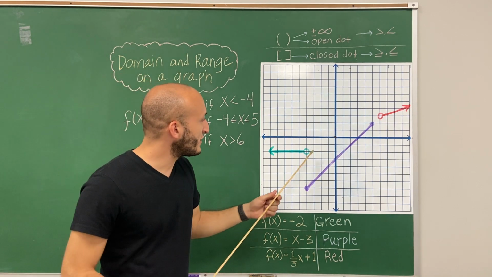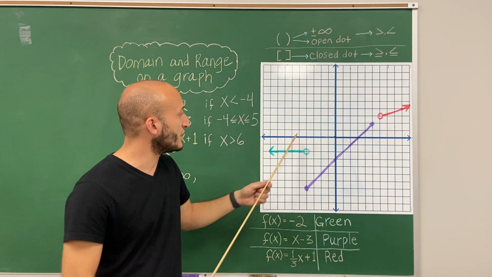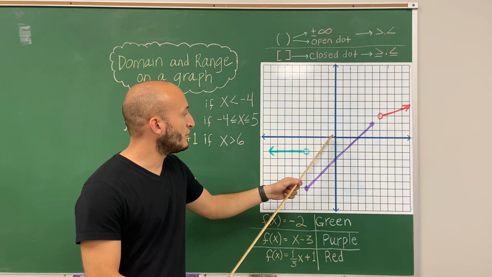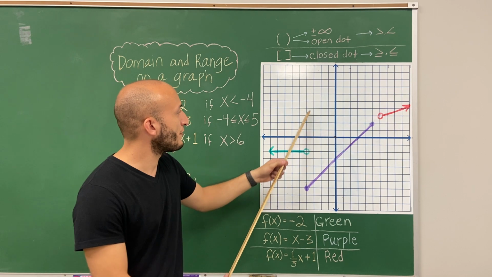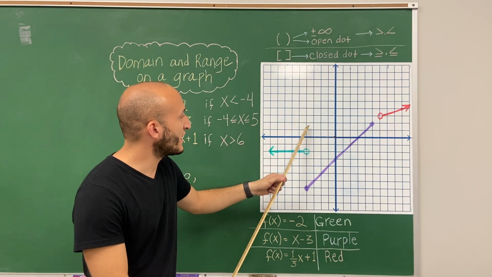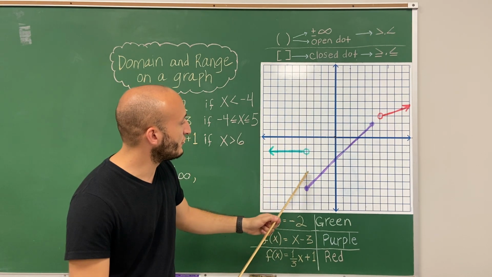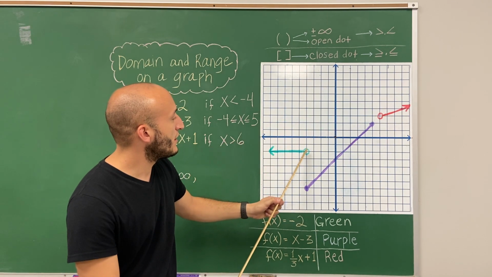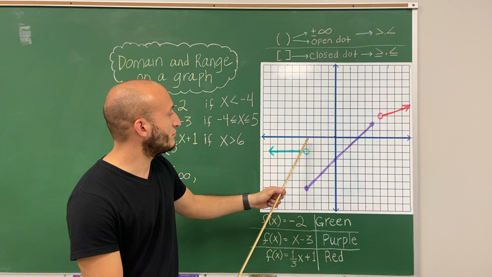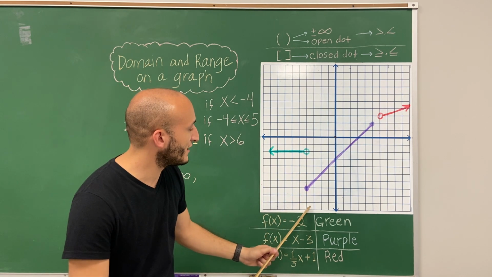I did this on purpose here because this could be a little confusing. Once we get to x equals negative 1, negative 2, negative 3, negative 4. So remember, when we're looking at our domain, I'm asking myself, do I see any graph plotted on this line?